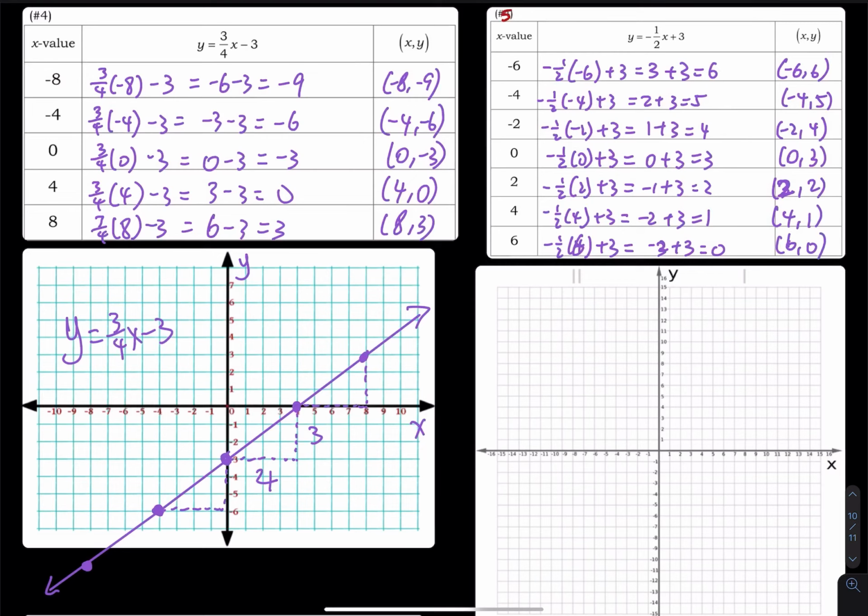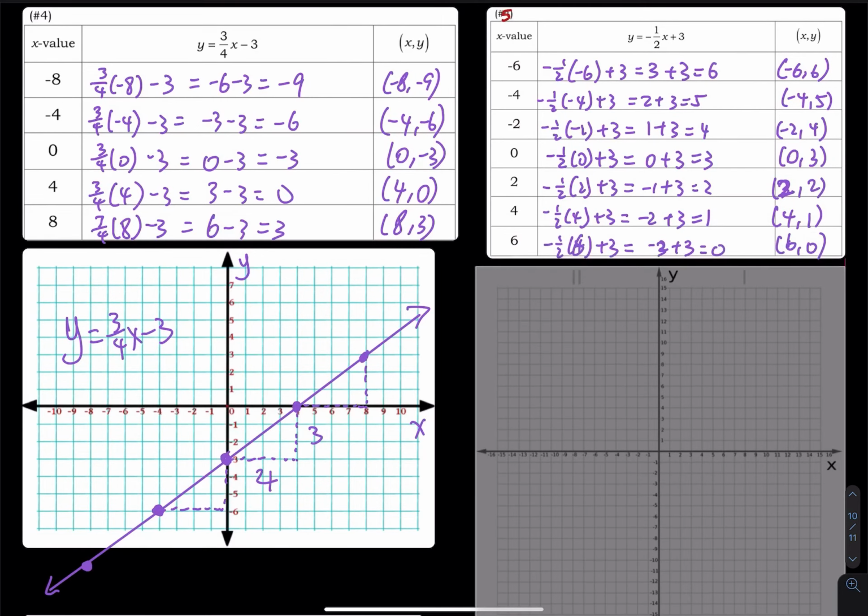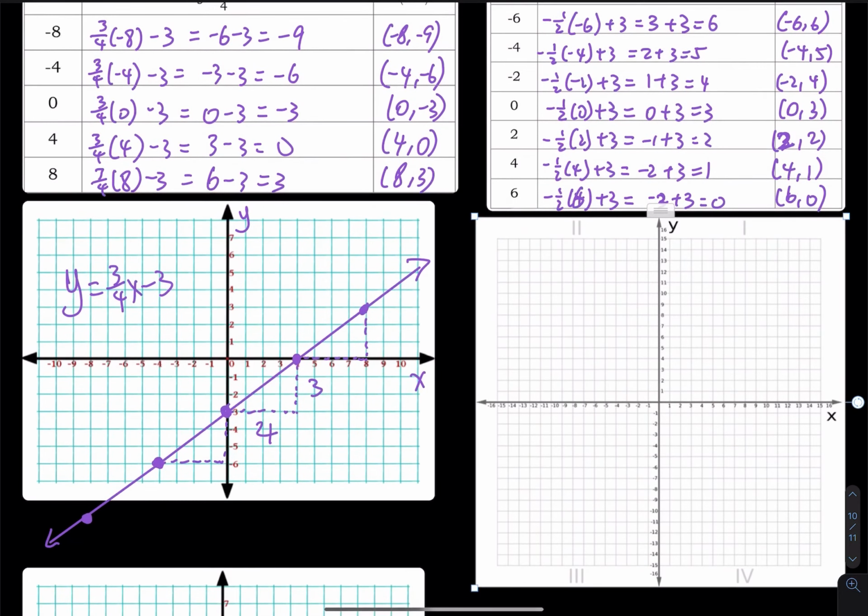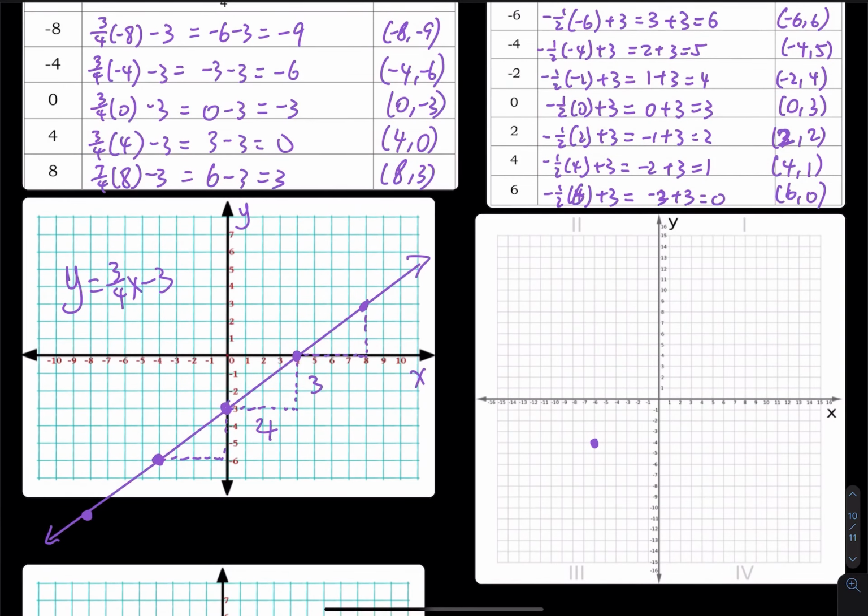Okay, let's plot them. Negative 6, 6. Come on.